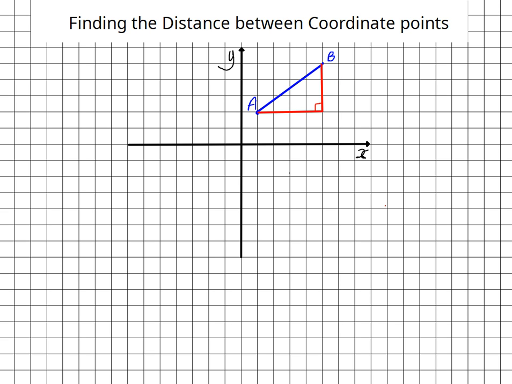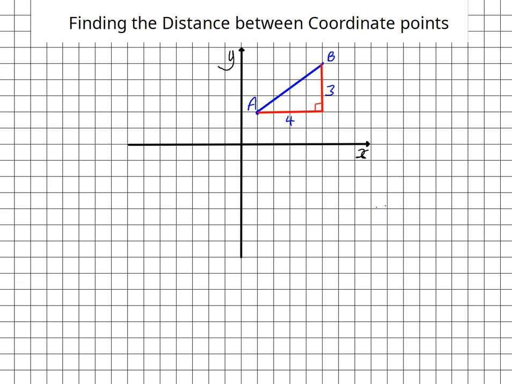So what that allows us to then do is count how many along we have. So 1, 2, 3, 4. So that's 4 along, and 1, 2, 3 up.